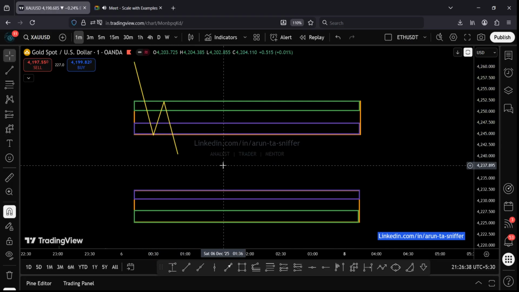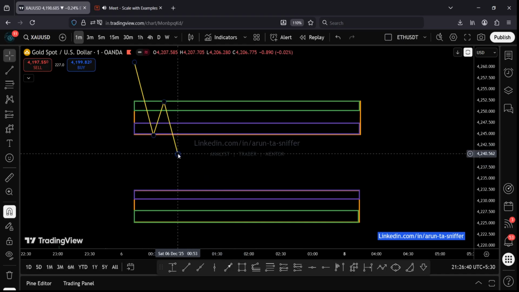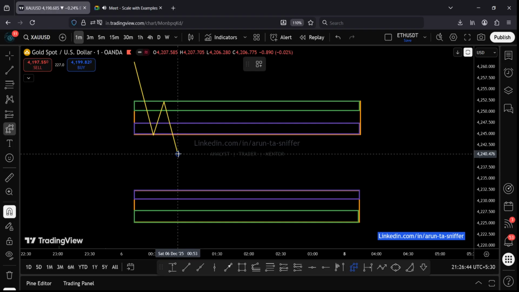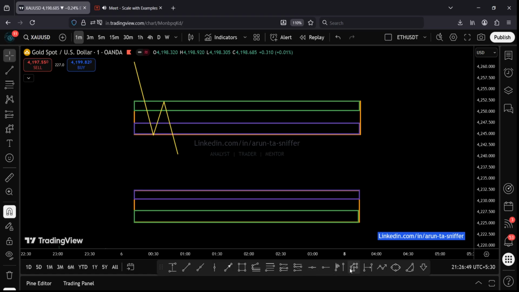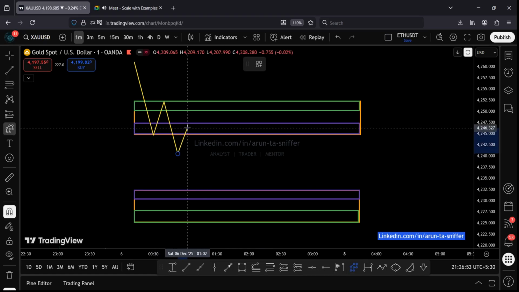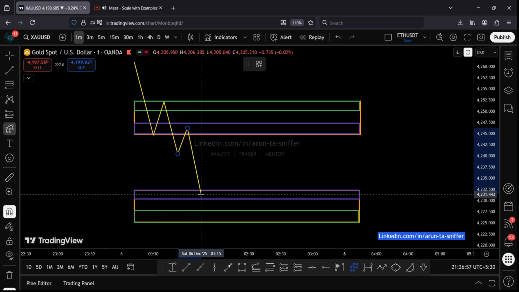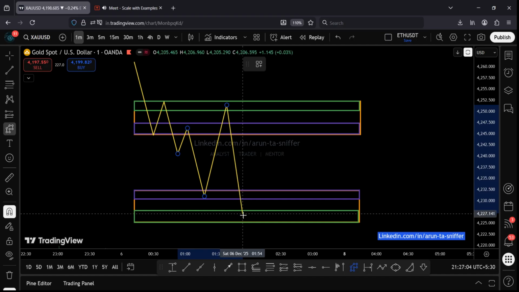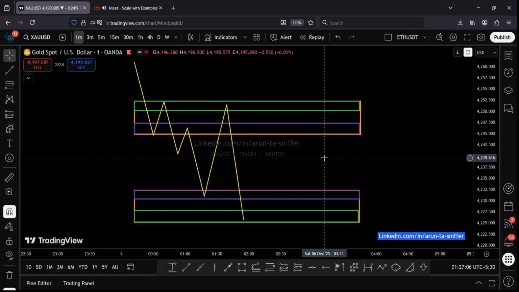So after coming here, if price goes back and hits this RS, what will happen? It will come back to the RS. It should come back to the RS only, and then should go back to hit the MPL to come back to the MPL. You see how price moves in the market?